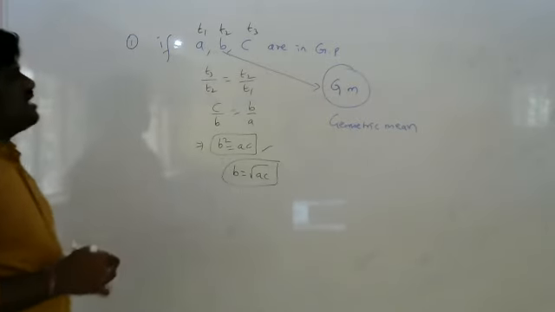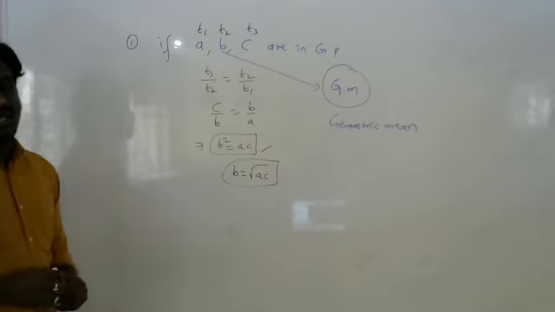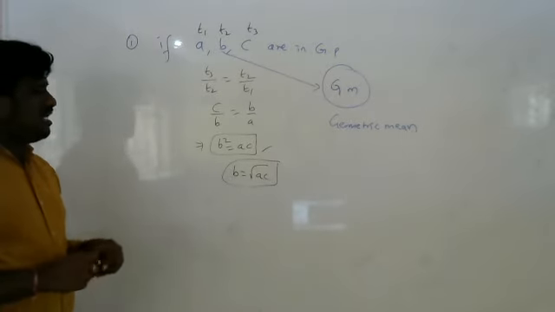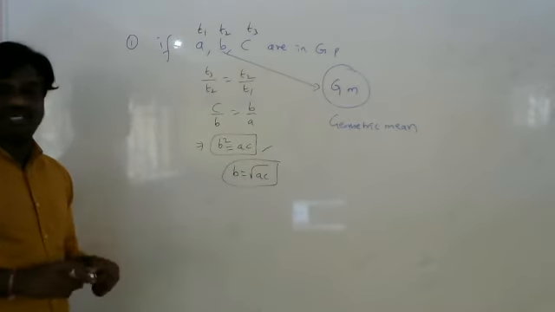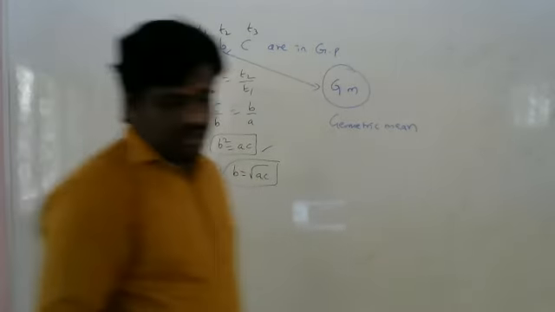When A, B, C are in GP, the necessary and sufficient condition to be three consecutive terms of a GP is B square is equal to AC. Please note it down.